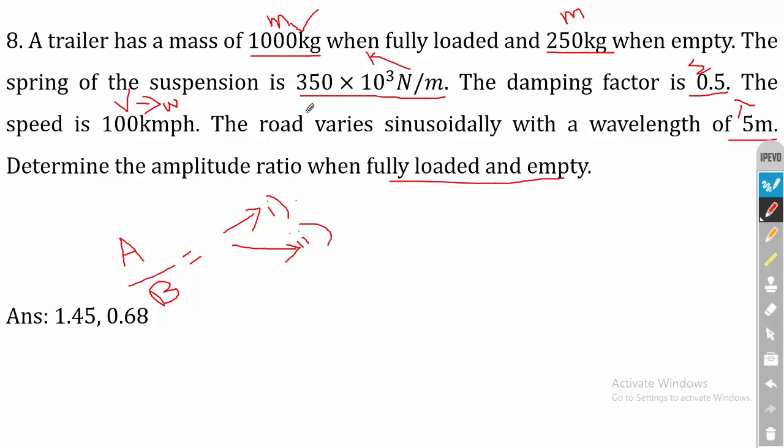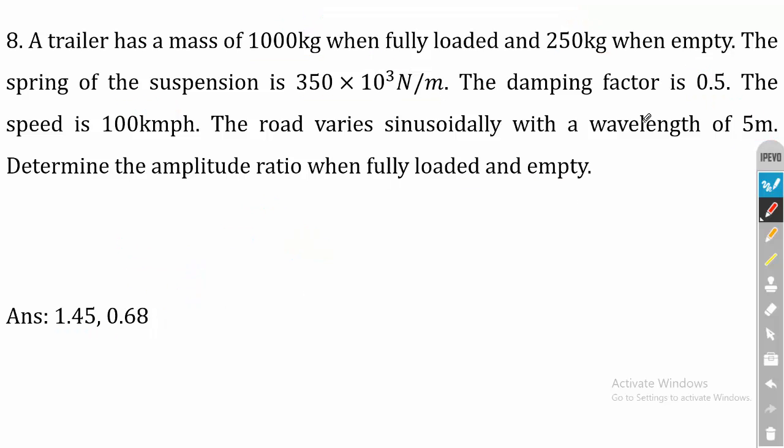Calculate the A by B value for each case. And the solution is, for the fully loaded condition, A by B is 1.45 and for empty the A by B value is 0.65.